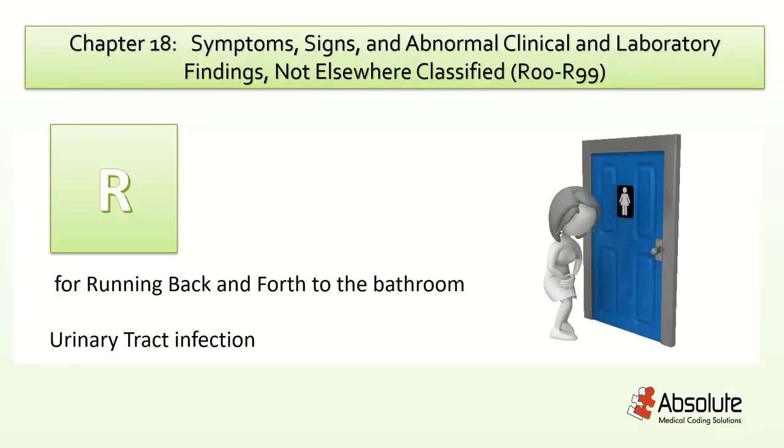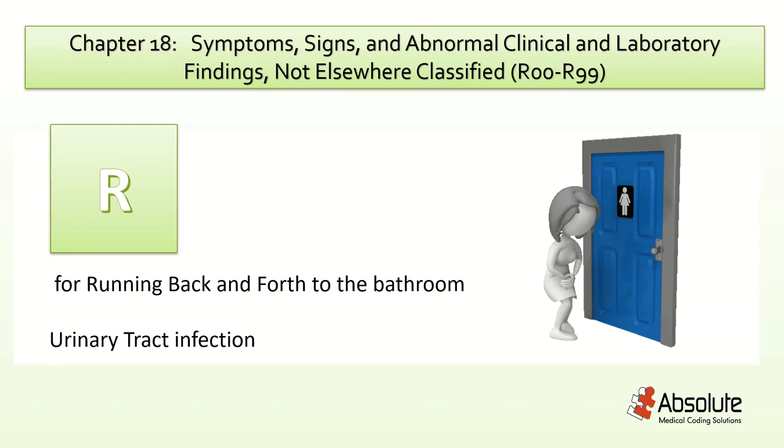All right, Chapter 18 category codes begin with the letter R. In this chapter, you'll find symptoms, signs, and abnormal clinical and laboratory findings, not elsewhere classifiable. Code series R00 through R99.